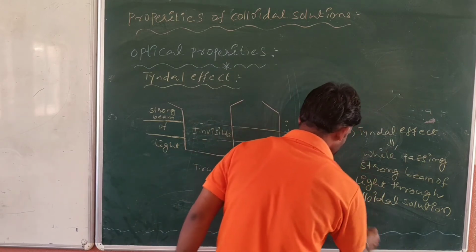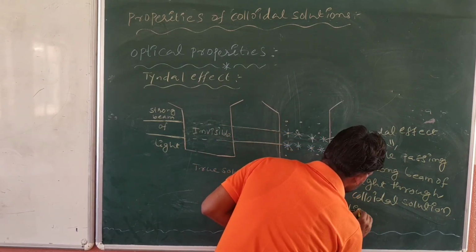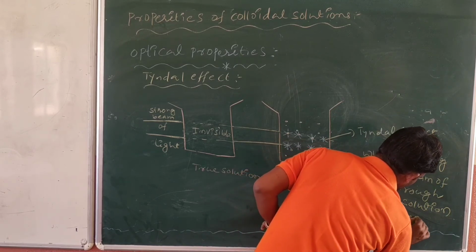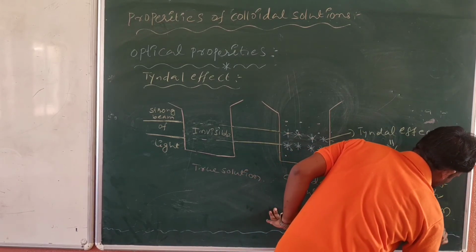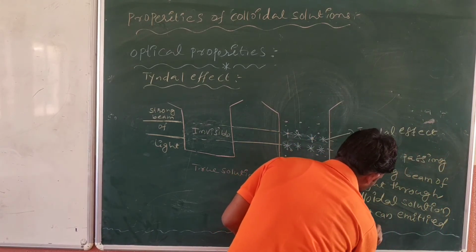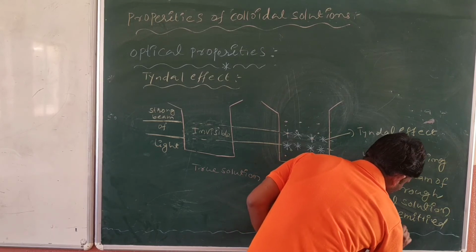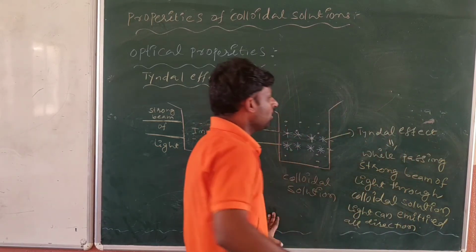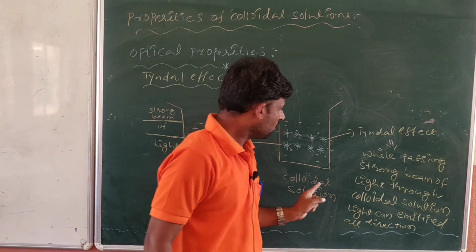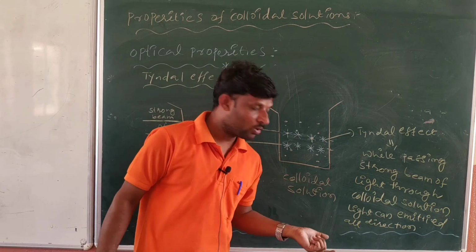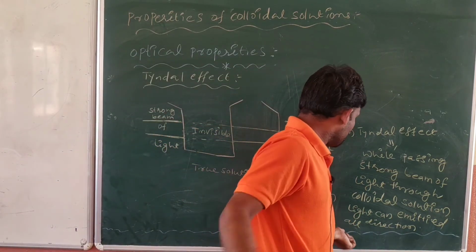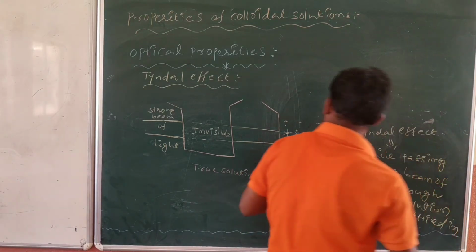So while passing a strong beam of light through the colloidal solution, the light is scattered in all directions, and this is called the Tyndall effect.